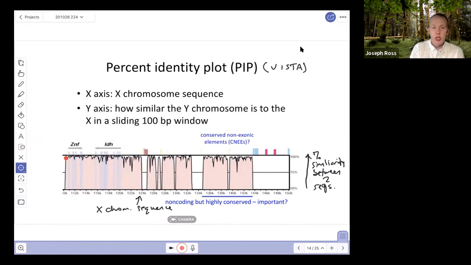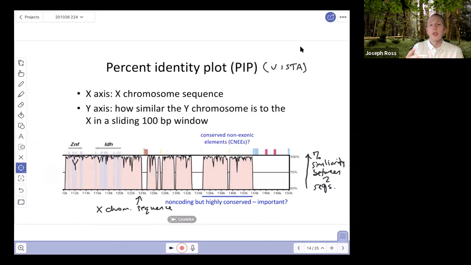And these shaded boxes or plots represent each tiny little section of sequence, in this case every 100 base pairs. For the first 100 base pairs, we've aligned the X chromosome sequence with the Y chromosome sequence, the homologous chromosome, and asked, over those 100 base pairs, how many of the nucleotides are the same?